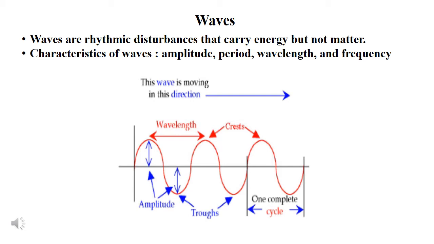The four major characteristics of waves are the amplitude, period, wavelength, and the frequency. Amplitude is the distance between the crest or trough to the equilibrium line. The period, represented by T, is the time taken for one complete oscillation, for one cycle.